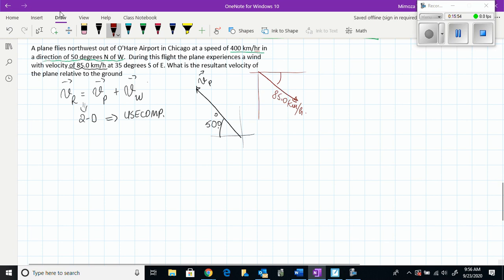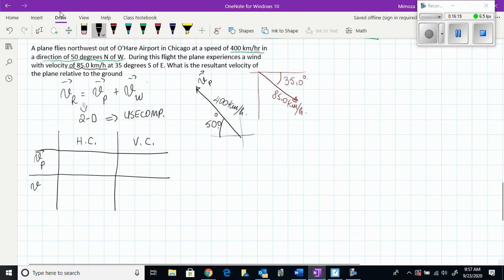And this angle here is 35 degrees. So the magnitude of the plane's velocity is 400 kilometers per hour. So now we build the table of components. We have the horizontal component here and the vertical component here, the velocity of the plane, the velocity of the wind, and then the resultant velocity.